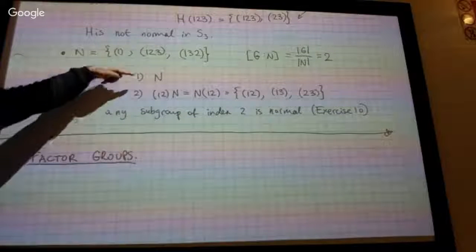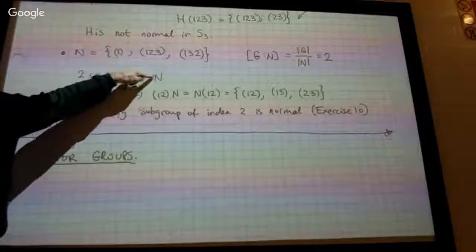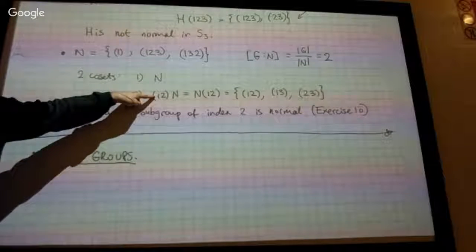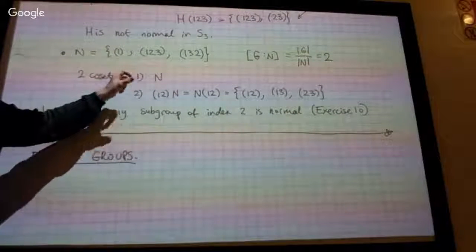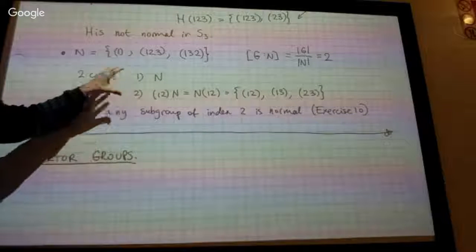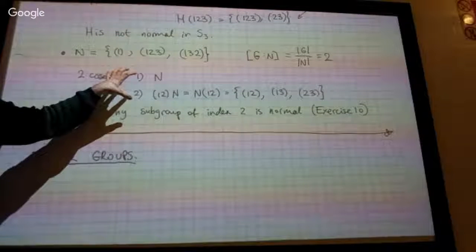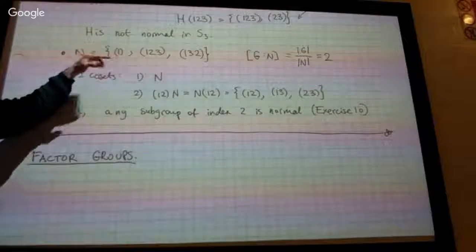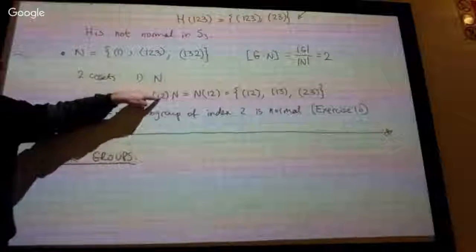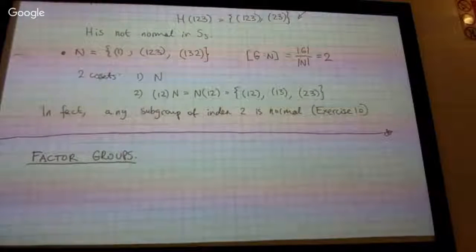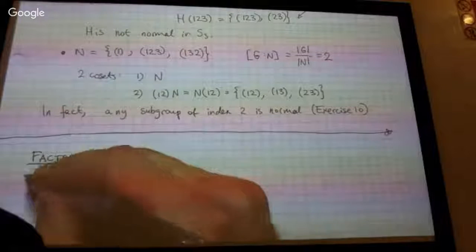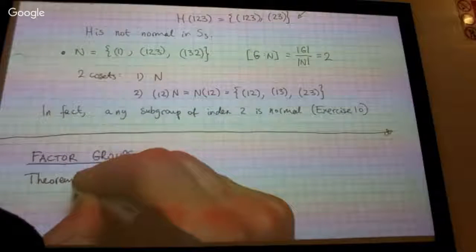So you could select the identity as the representative here, and you can select (1 2) as the representative there, and you just do a subgroup on these two elements. But you get something that's isomorphic. But in the factor group itself, this is a member. Okay. And the whole thing that we need to do is to prove that it actually is a group.